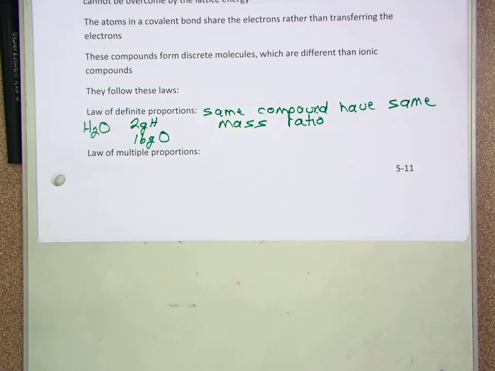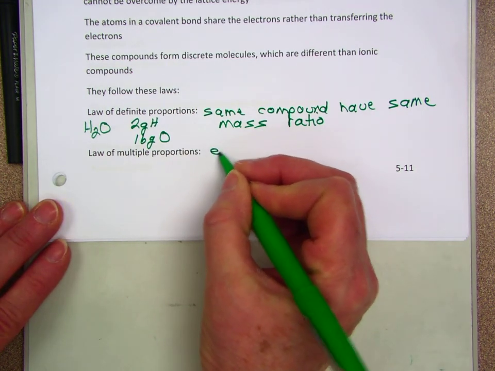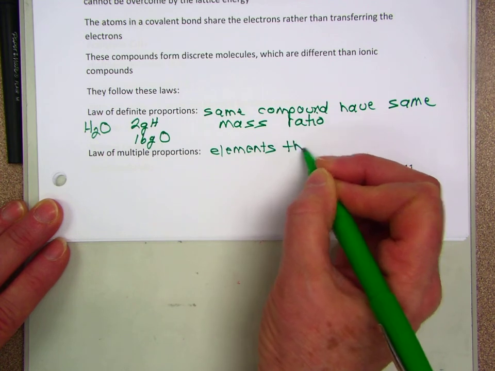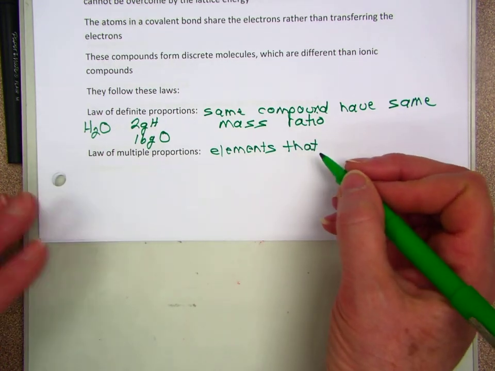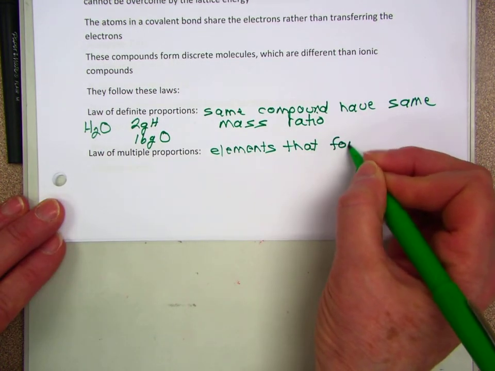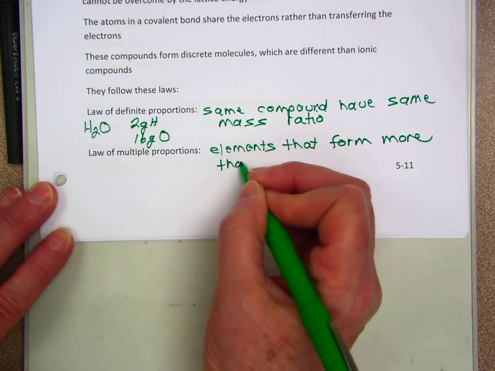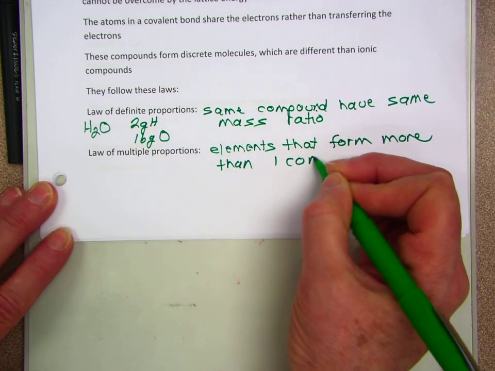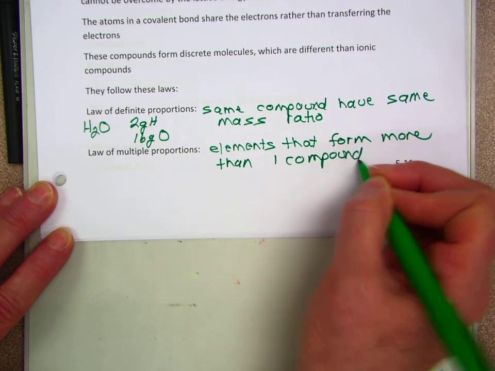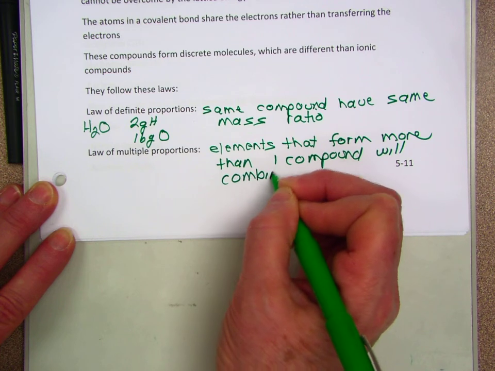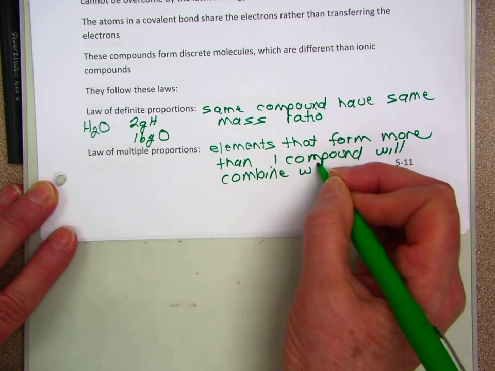Okay, now the law of multiple proportions goes off from this. It says that elements that can form more than one compound, like hydrogen and oxygen, can make water and they can make other things, will combine with their masses in small whole number ratios.